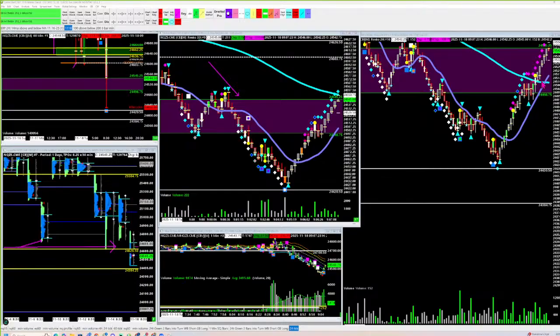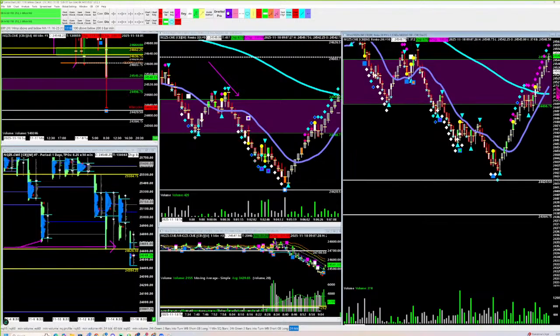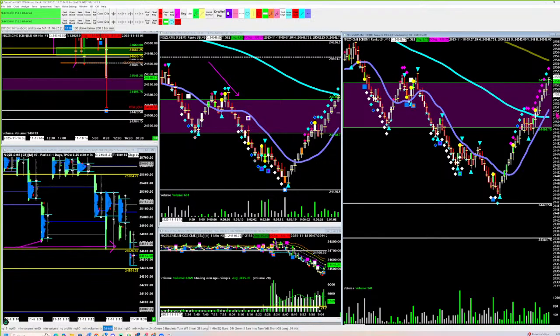The Sidewinders rolling through. The 100. That's a 120 point counter rotation there.